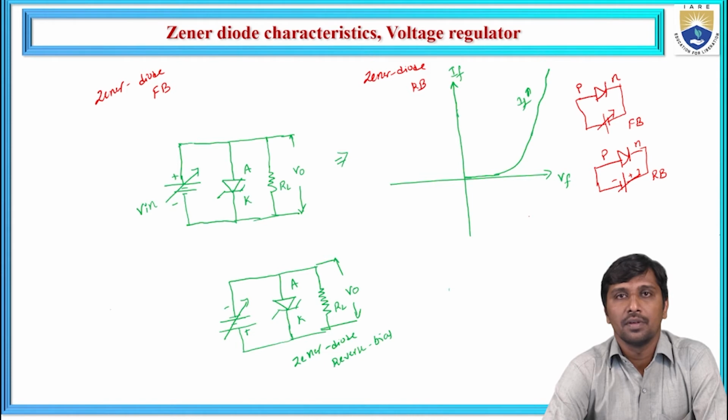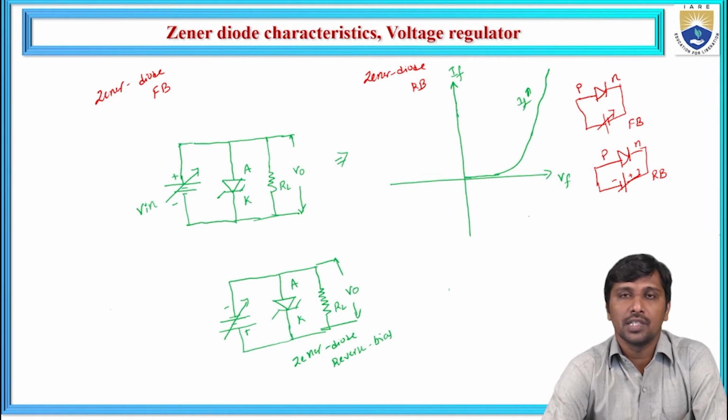To overcome this drawback, this Zener diode is designed with heavy doping compared with a normal PN junction diode. If the doping levels change, then what happens? If the diode is heavily doped, then it forms a very thin depletion region.